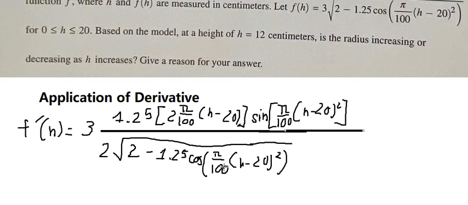Inside of cosine we still have about b over 100 and h minus 20 squared. So we do first the derivative of h minus 20 squared in here. You got about number 2 h minus 20. Later that we do first the derivative of h minus 20, and you got about number 1. That's why we just simplify like this.